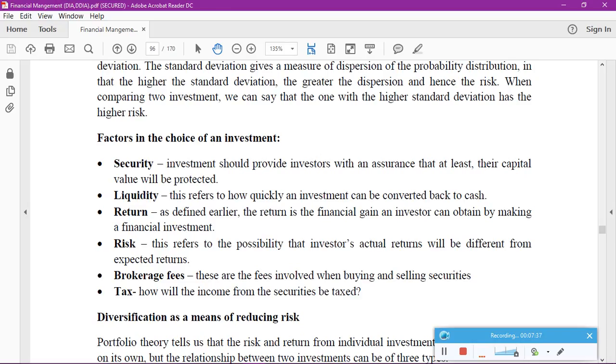Second, liquidity. This refers to how quickly an investment can be converted back to cash. Now when you want to invest in a certain business, you must think whether the business will give you the return as fast as you can. If the return is slower, then it is not a good investment. But I'm not saying that it is not a good investment.